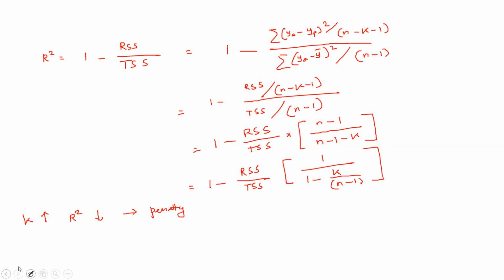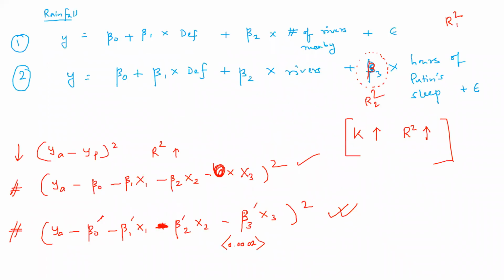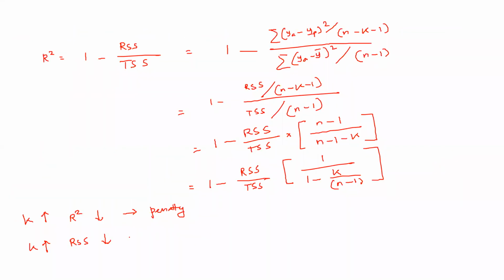But we also know that as k increases, my RSS decreases. I have just shown you that this error will decrease, and that's why your R square will increase. This is the fallacy of R square that I discussed before. So now this penalty and fallacy will start a tug of war with each other.